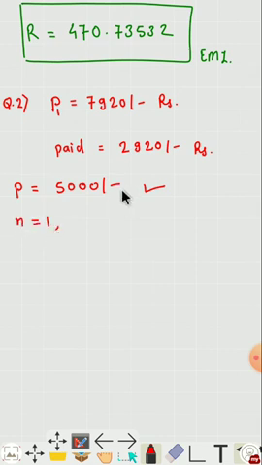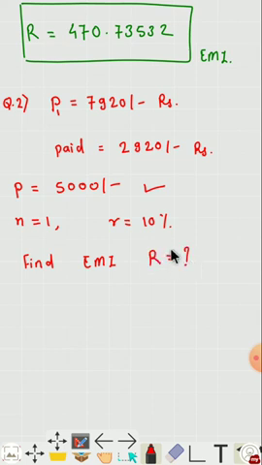If the rate of interest R is 10%, find EMI. EMI means we have to find the value of R.